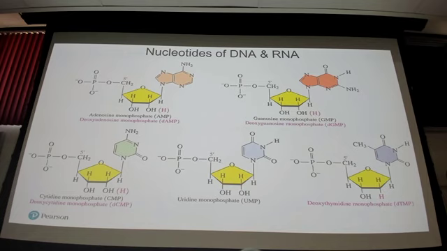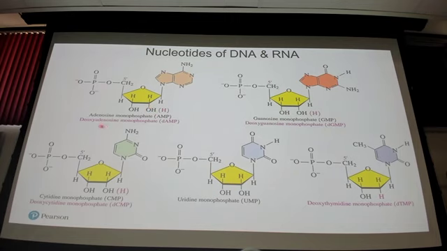Here are the different nucleotides found in both DNA and RNA. Remember, RNA contains uracil instead of thymine, and DNA contains only thymine. If you look at the nomenclature at the bottom, the adenosine monophosphate in black represents RNA because there is oxygen found on the 2' carbon shown here.